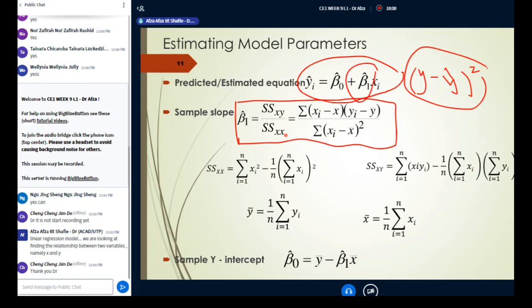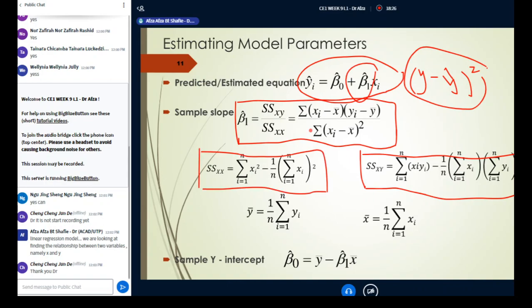How do we get the sum of squares of xy? This is the formula that we use. And for the sum of squares of x, this is the formula that we use. We put these in the beta 1 hat formula, then we'll be able to get the value of beta 1.